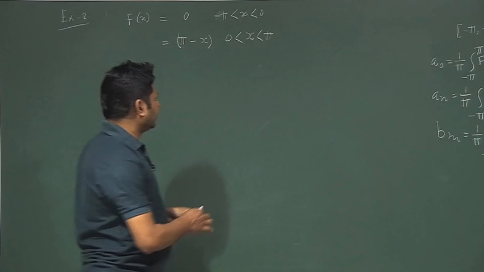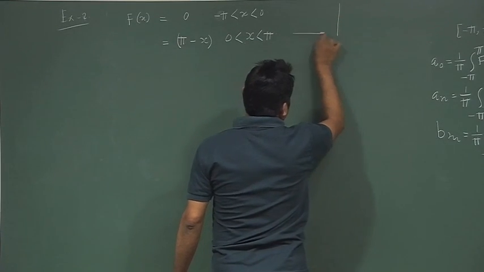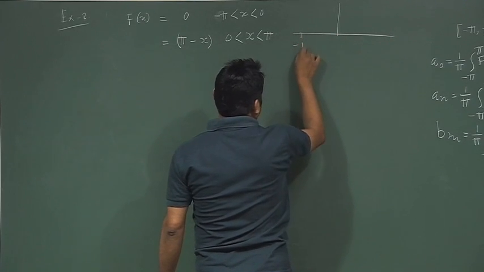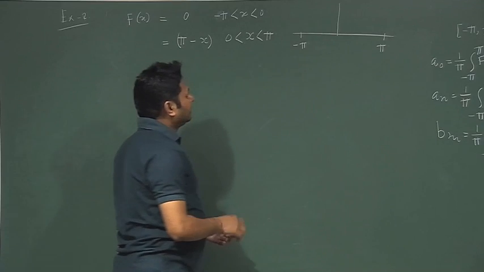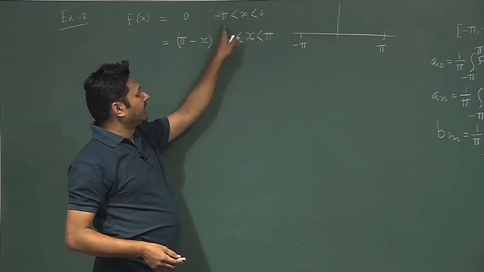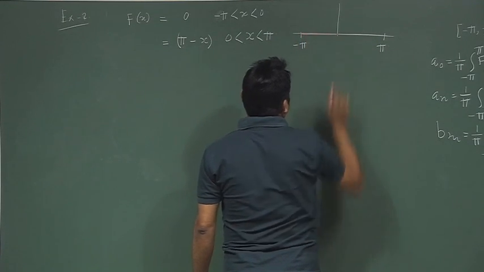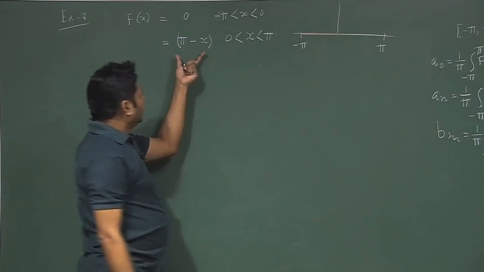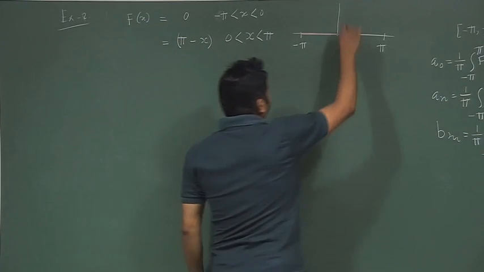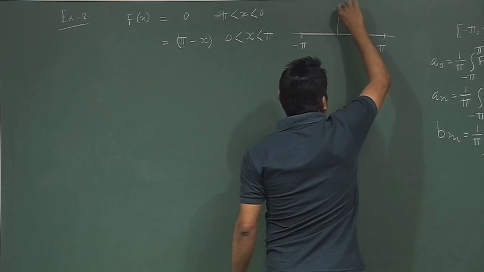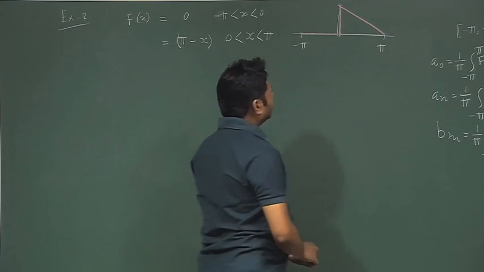Let us do that here. This is my minus pi, this is pi, the function is 0 from minus pi to 0. So, it is something like this, and then it is pi minus x in this limit, so it should be somewhere here, and the function will look like this.